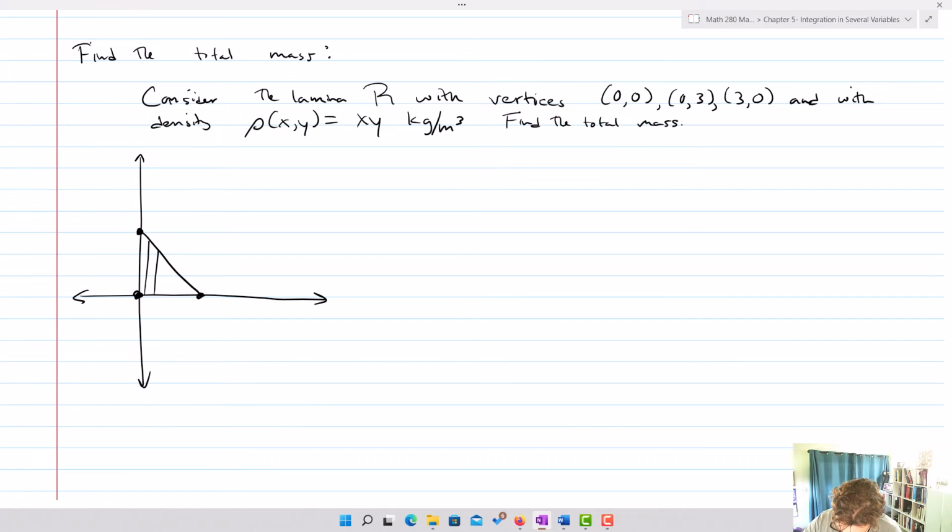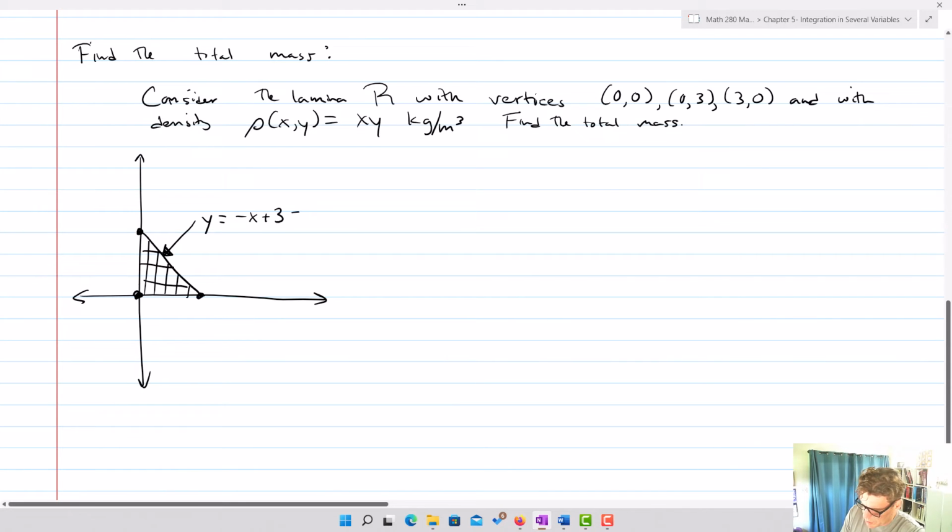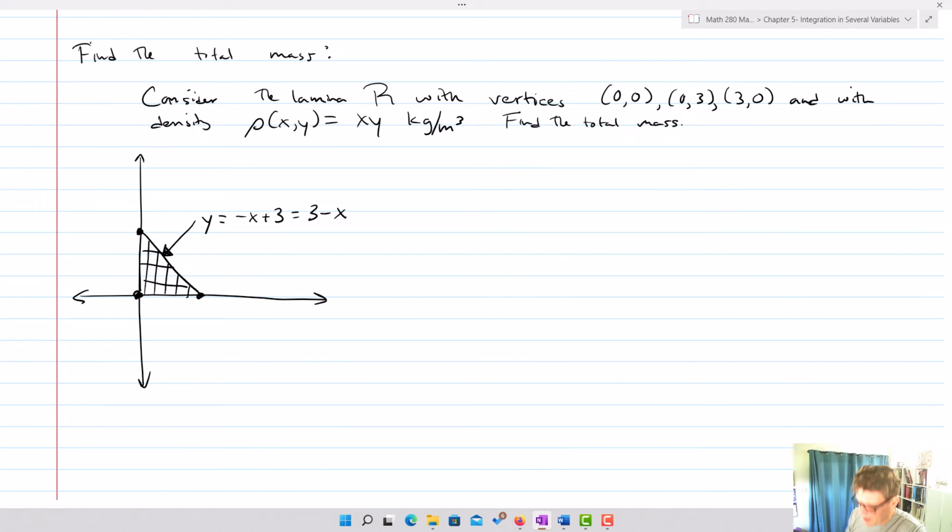There's my region. What I'm going to need to do is figure out what this line is, and that is going to be y equals negative x plus 3, which equals 3 minus x. You can just find that line.